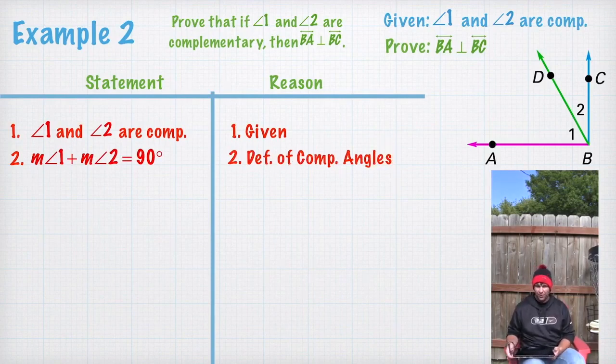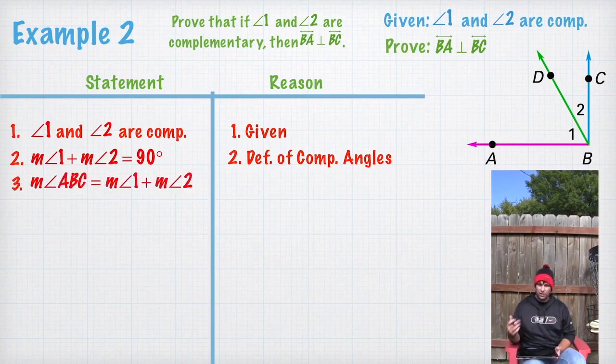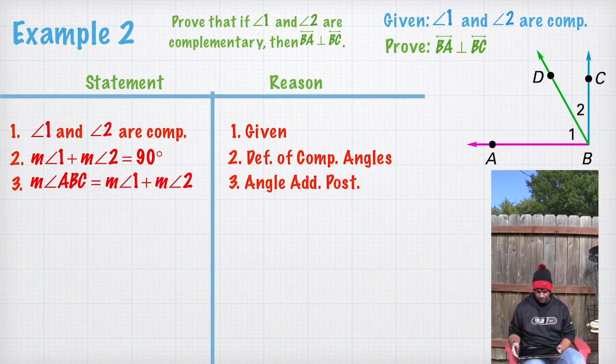Okay, now we know that angle 1 and angle 2 equal 90 degrees. Let's define what the measure of angle 1 and the measure of angle 2 add up to be. And they add up to equal angle ABC. Okay? So the measure of angle ABC equals the measure of angle 1 plus the measure of angle 2. And that is just simply the angle addition postulate.